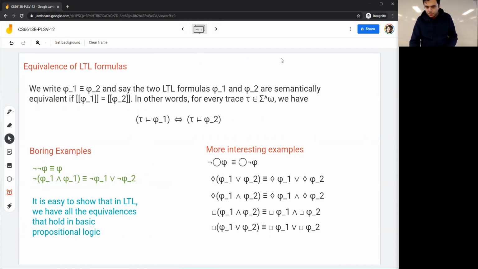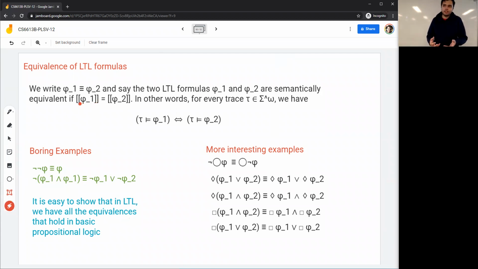But let's go through something else now. Let's talk about equivalence. We talked about equivalence in the context of automata. We basically said that two different automata are equivalent if they have the same language. Now, in the case of LTL formulas, we don't have any automaton anymore, but we still have the language, because what is the semantics of an LTL formula?